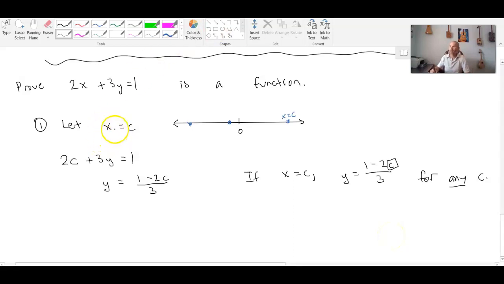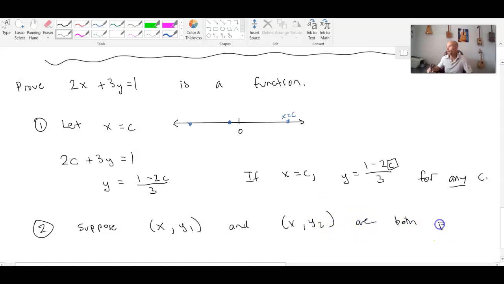Basically, just pick some arbitrary value for x, make sure that you can get a value for y, and then say, well, if x equals that constant, then y is going to equal blank. Step 2 is to say, suppose (x, y1) and (x, y2) are both points along 2x plus 3y equals 1.